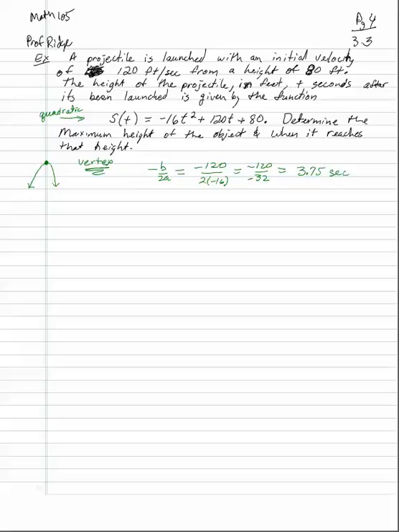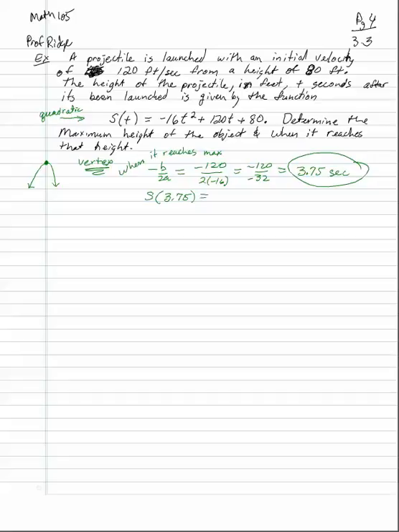Okay, that's when it gets the maximum height. And then we're going to plug in 3.75 into the function to find out what the maximum height is. Okay, so that's the second part.